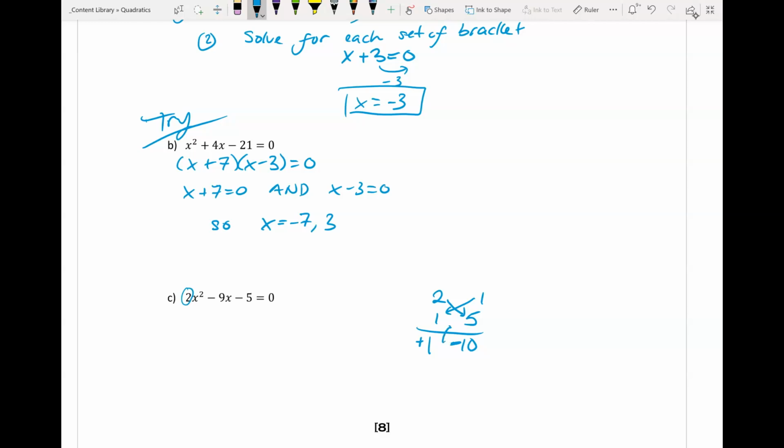So this negative is just going to go back up here, and that's what's going to go inside my set of brackets. Remember, the top numbers do have an x with it. So this is 2x plus 1. The other one's x minus 5. Okay, so the next thing we're going to do is set each of these brackets to 0.